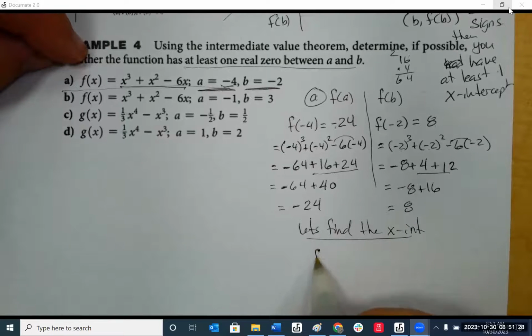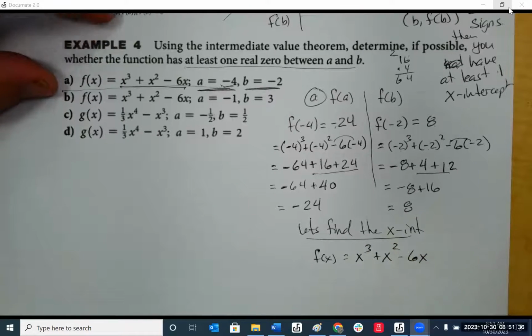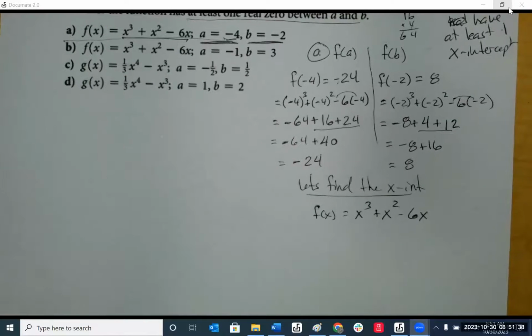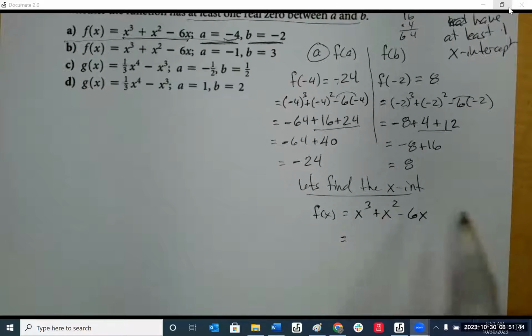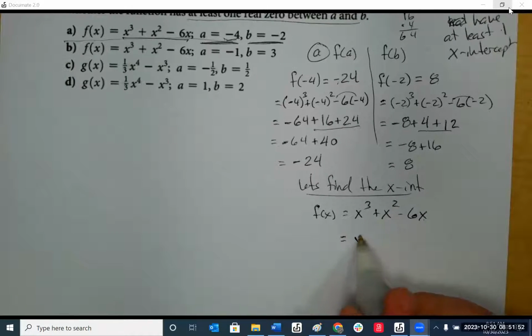So our function is x cubed plus x squared minus 6x. Let's factor. Do they have anything in common? How many x's do they all have in common? They have one x. So we can take out one x from everybody.